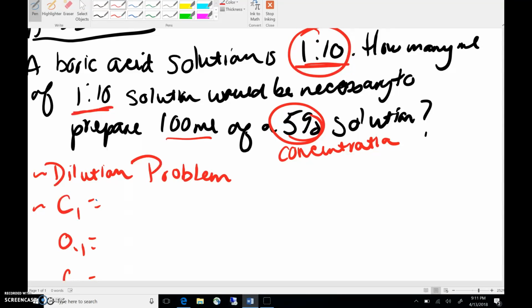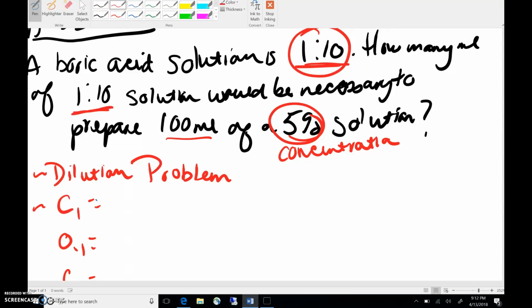Your C1 is considered your stock concentration, correct? So your stock concentration is your C1, and it's always going to be the highest concentration. In this particular problem, this 1 to 10, I have to rewrite it as a percentage, which is the only way for you to solve this problem.